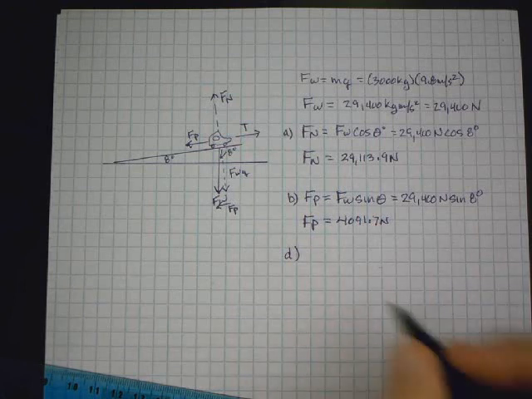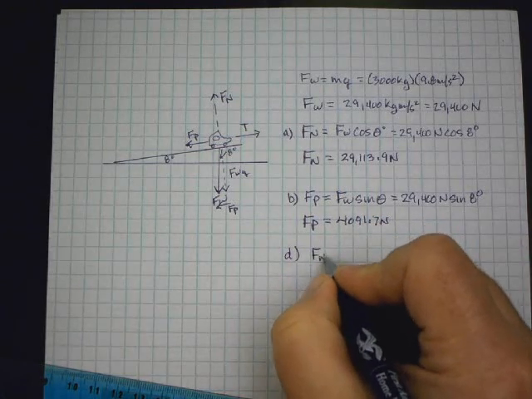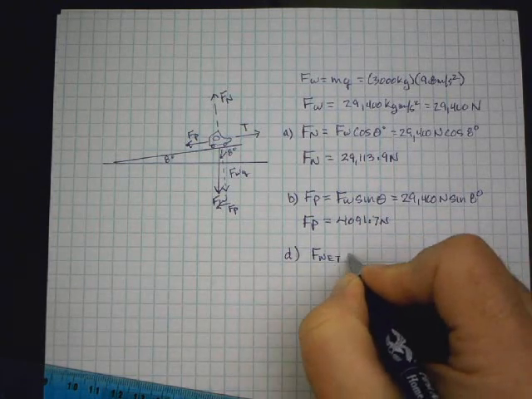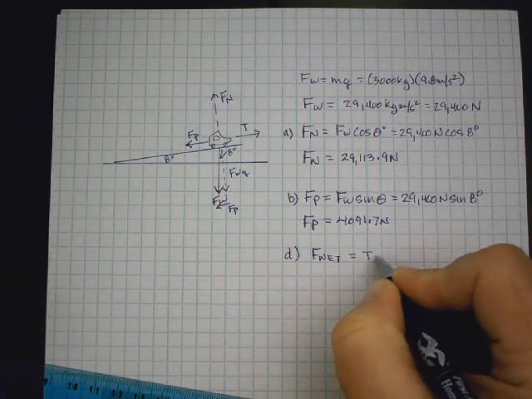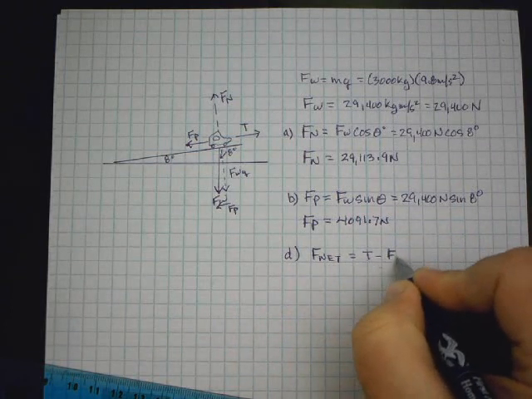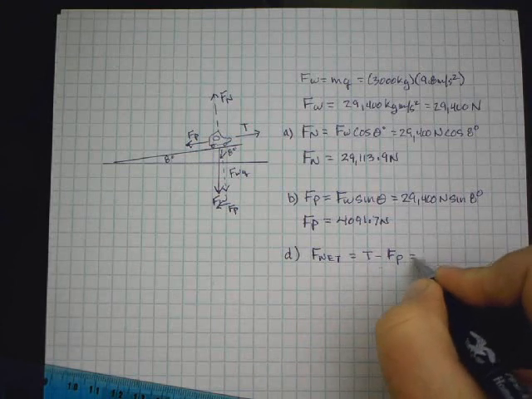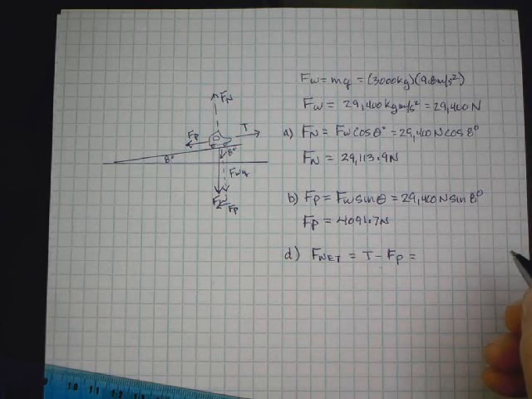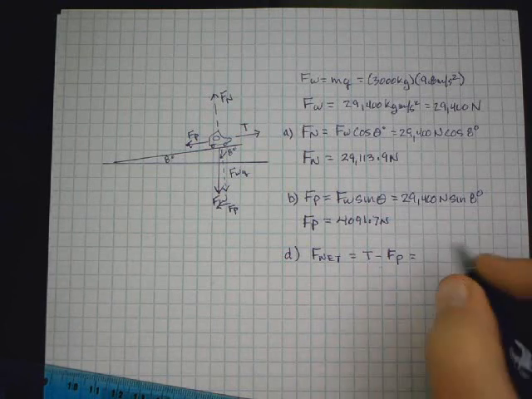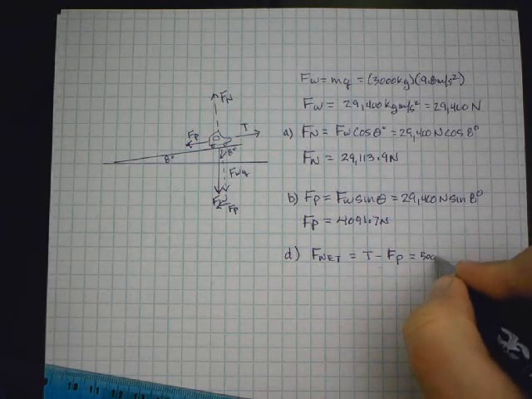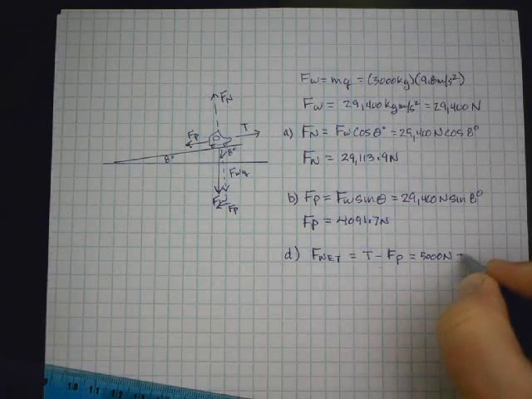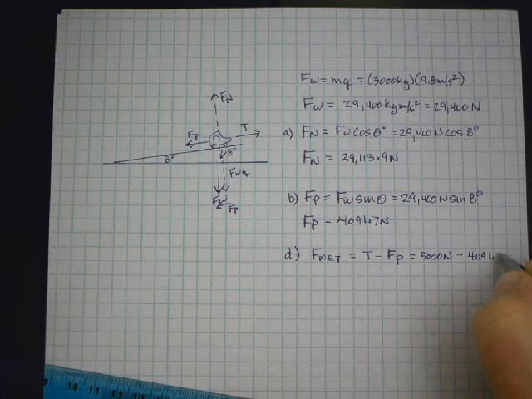along the hill, along the inclined plane, my F net will be the T subtract the FP. The tension that the rope can withstand is 5,000 newtons. And the FP, the 491.